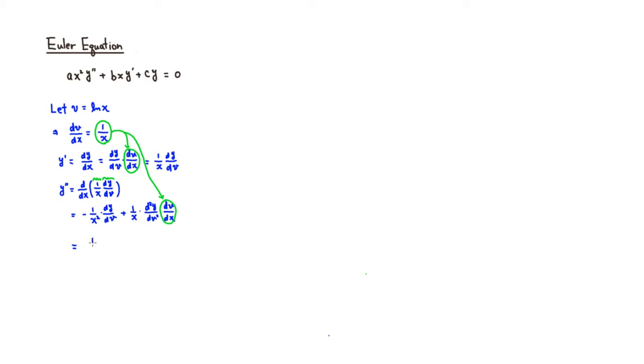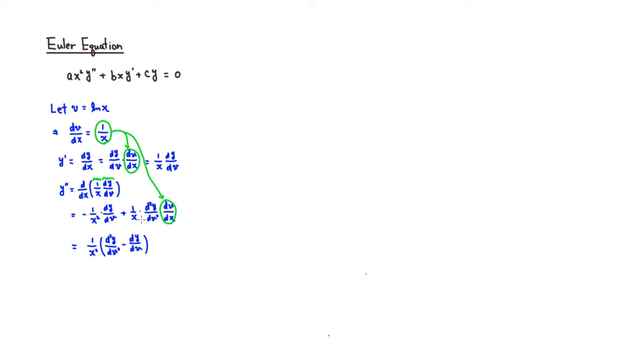I'm going to pull out the 1 over x squared and write the second derivative of y with respect to v, then minus dy over dv. This is another way of writing y double prime.